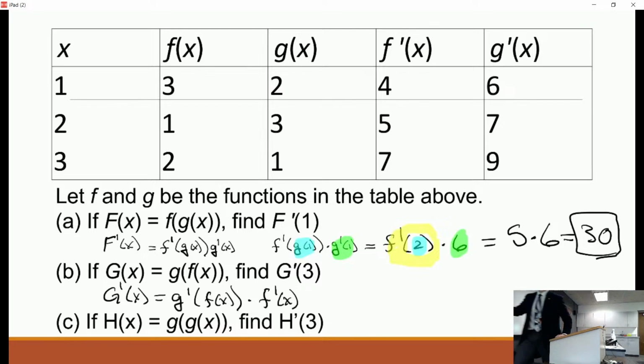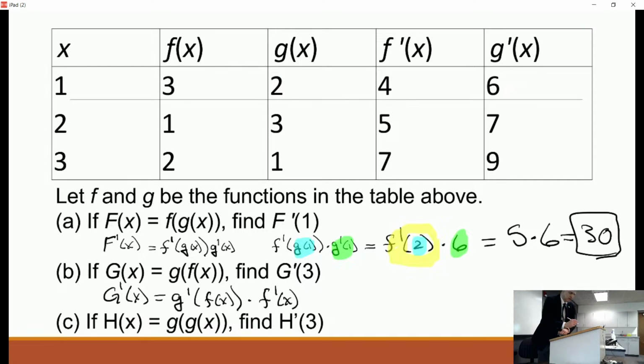And I know that this is backwards, isn't it? Instead of f of g of x, I have g of f of x, but it doesn't matter. It's the same shape, if you will. You always do the derivative of this thing, and then you leave this thing alone, and then you do the derivative of whatever's in the parentheses.